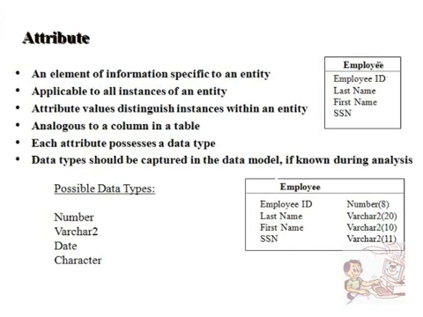There are various data types like number, varchar2, date, character, all those things that you will be capturing. So whenever you do that data capture, you need to give an appropriate data type, saying what values this attribute holds, whether it is a character, a date, or a number. You have to specify that for an attribute.